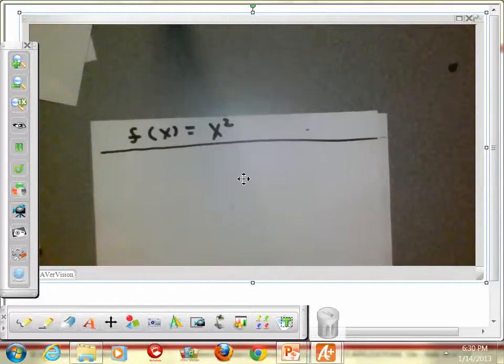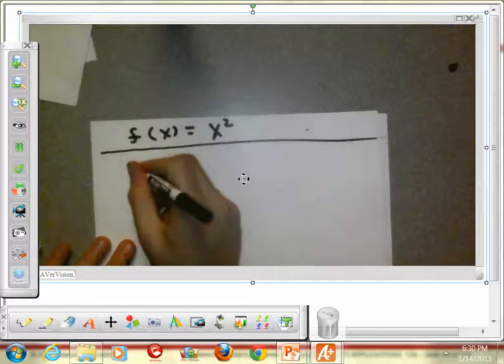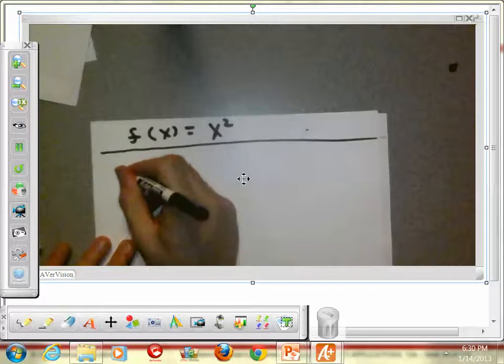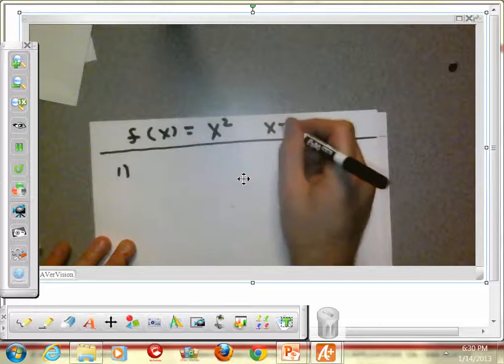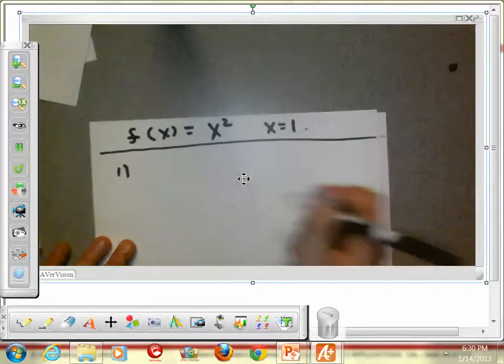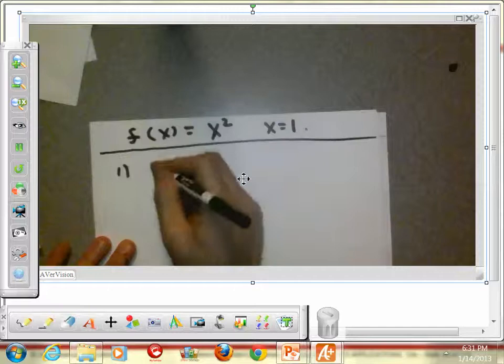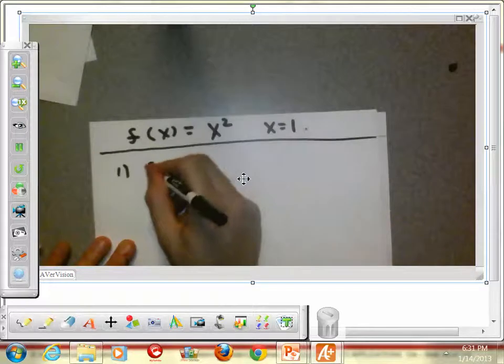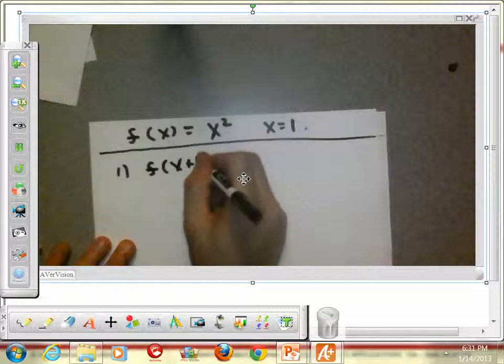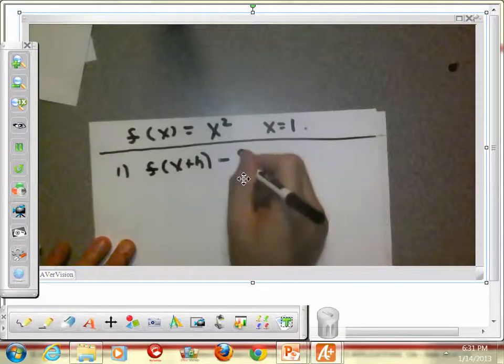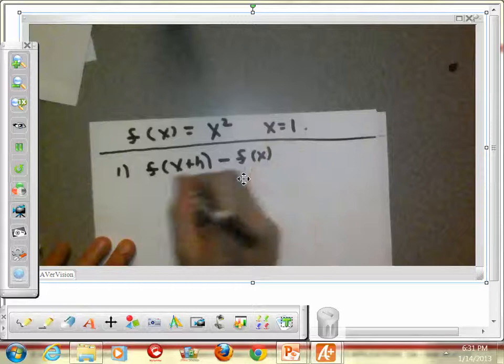So the first step says we're going to calculate the derivative when x equals 1. The formula is f of x plus h minus f of x, divided by h.